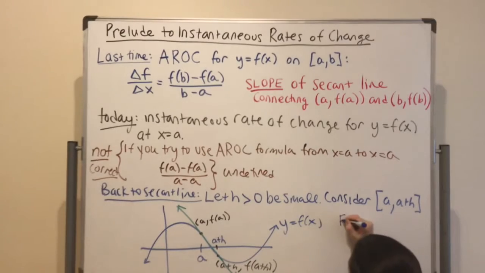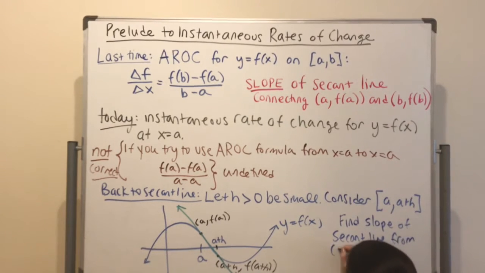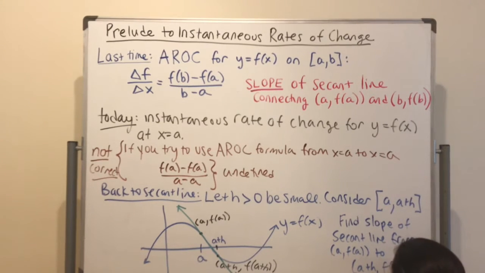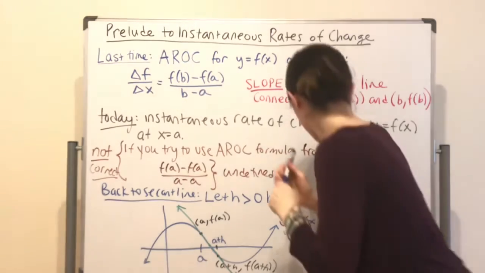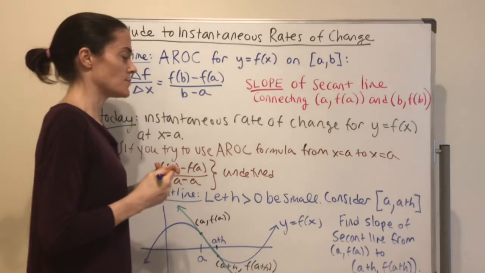So we want to find the slope of the secant line from a comma f of a to a plus h comma f of a plus h. Find the slope of the secant line connecting those 2 points.